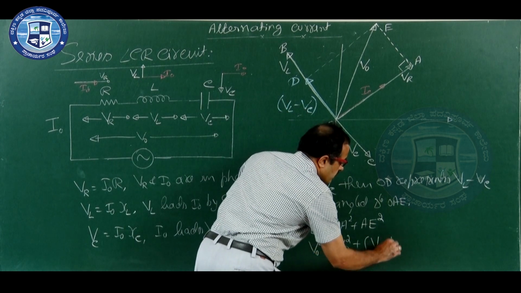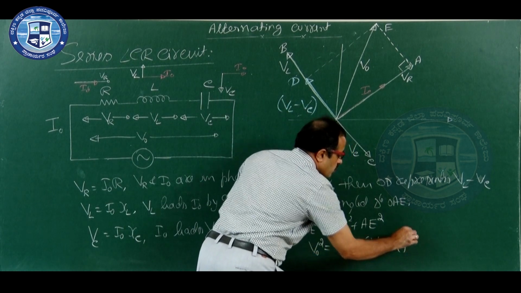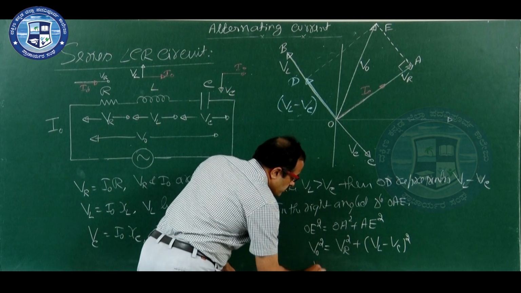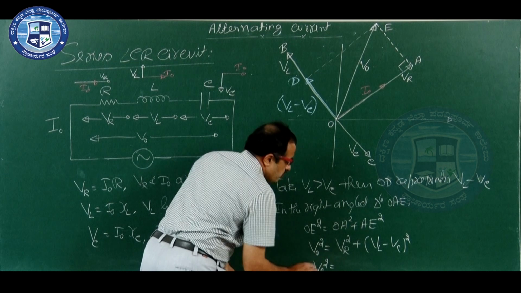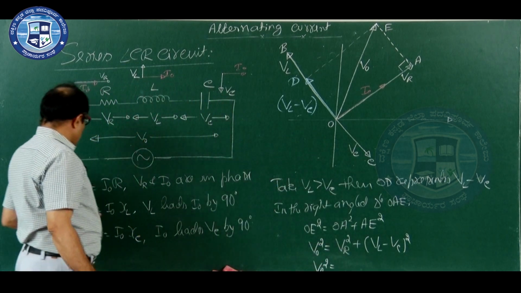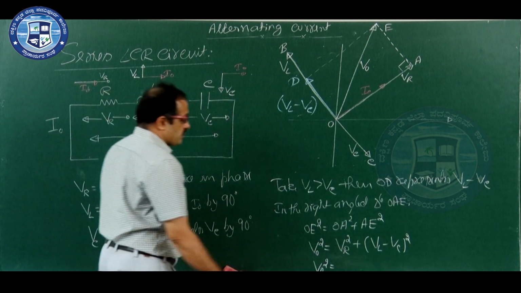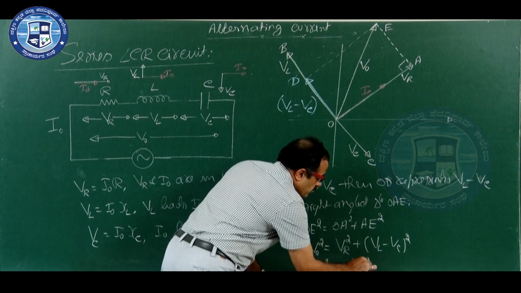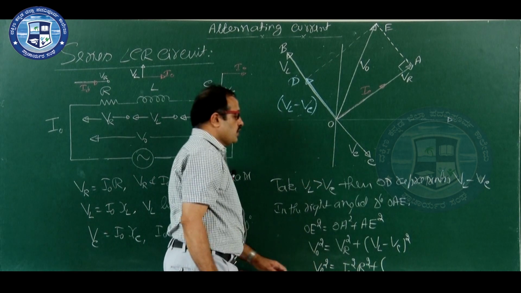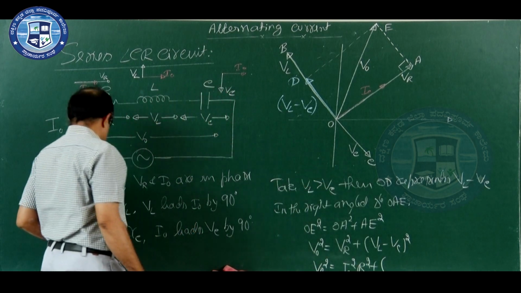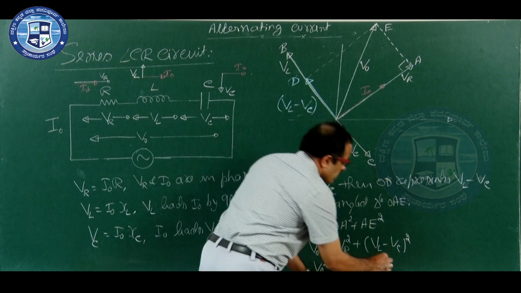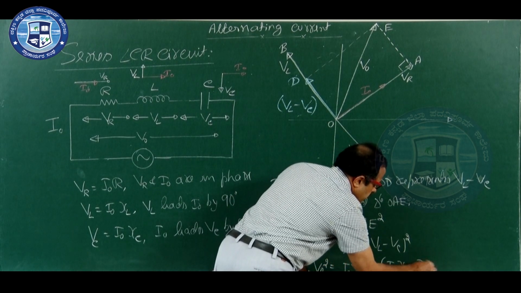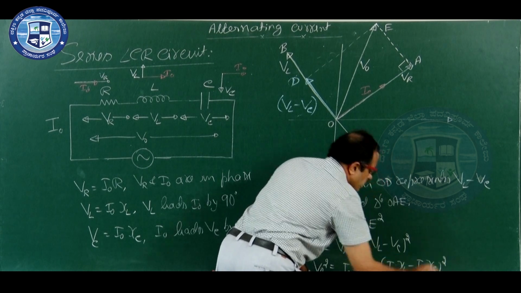Therefore, it is VL minus VC whole square. So, V naught square is equal to, according to Ohm's law, VR is equal to I naught into R, so I naught square into R square, plus VL. What is VL? I naught into XL, minus I naught into XC, whole square.